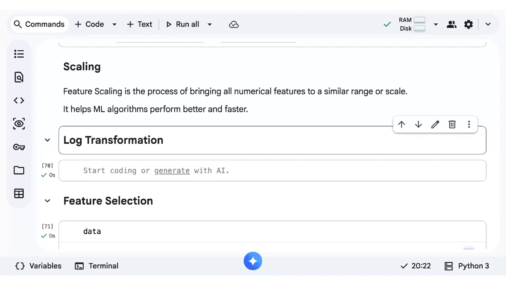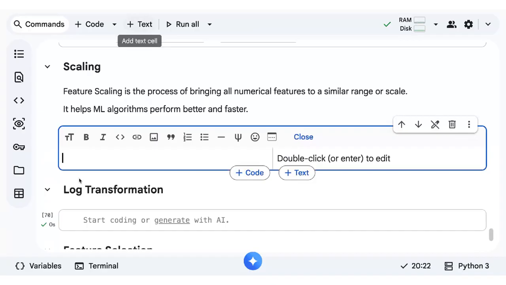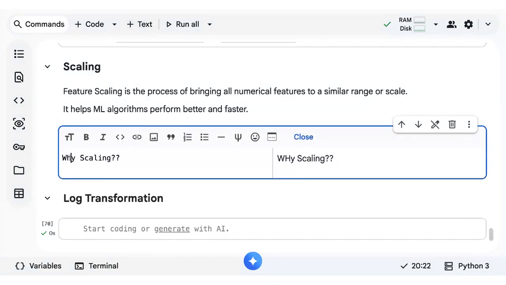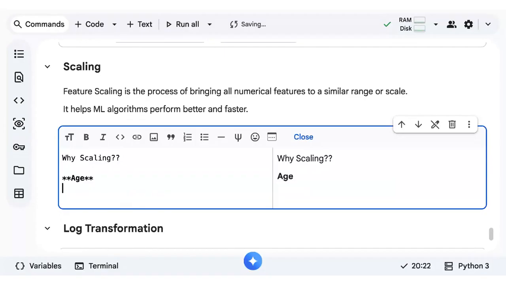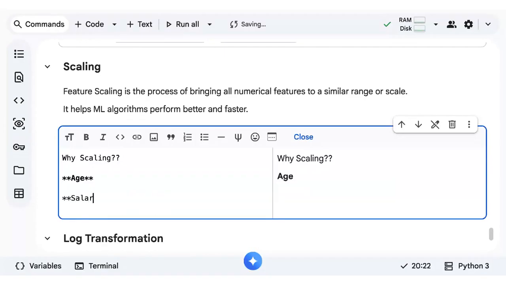Now you might have a question: why is scaling important? Let's try understanding it. Let's say you have two columns. One is an age column, you know how the values of age will be, and also a salary column.